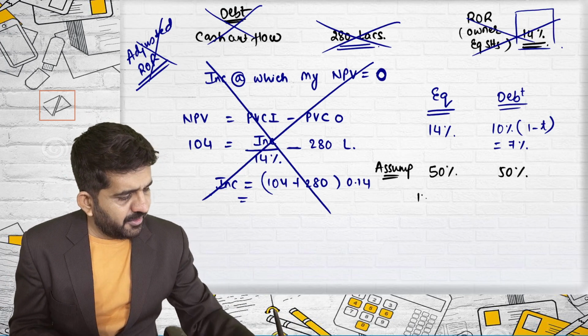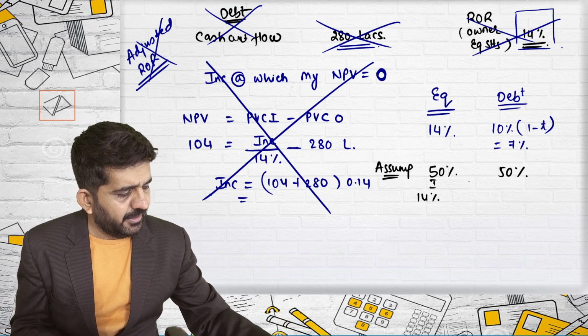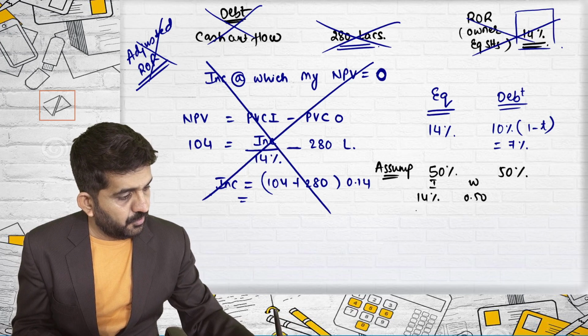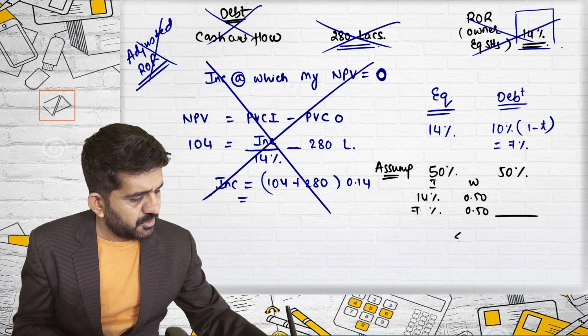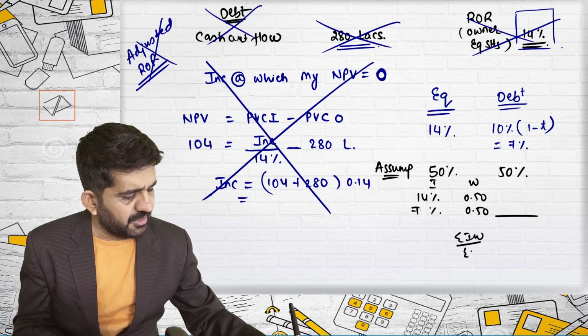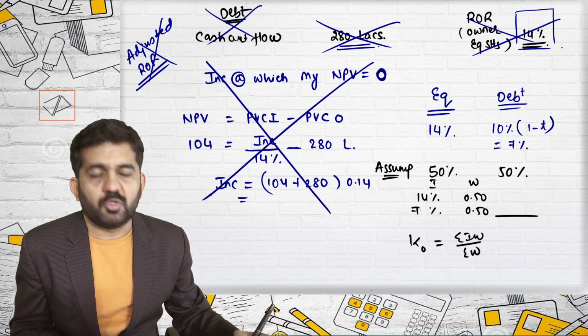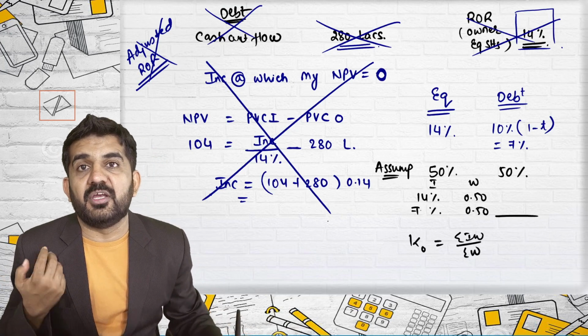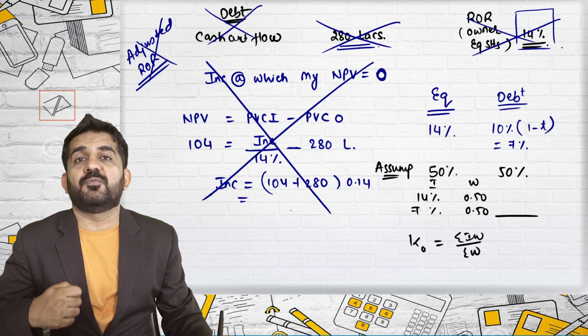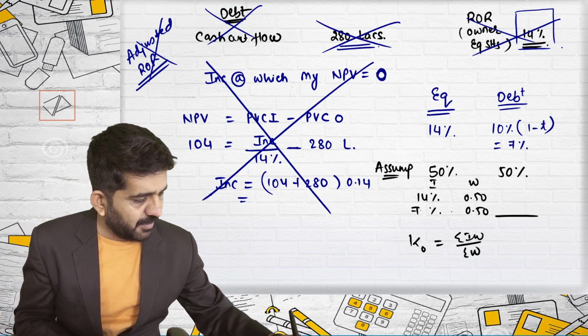What should be the required rate of return? Sigma IW, 14% into 0.50, 7% into 0.50, sigma IW divided by sigma W, will be our overall cost of capital and should become my required rate of return for the next project, which is financed 50% by equity and 50% by debt.